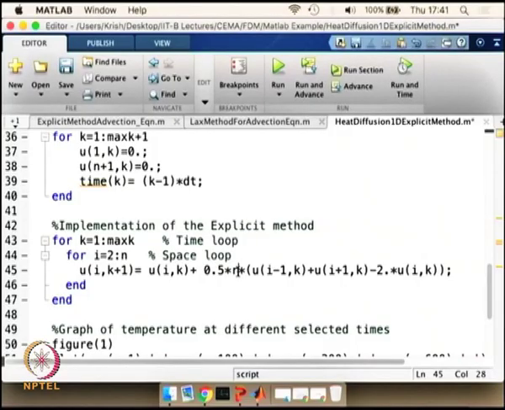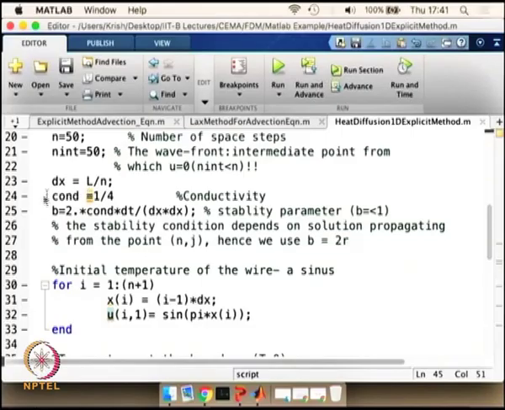Other than that, we can change this one back to b here because we have changed on the top the simulation parameter as b.